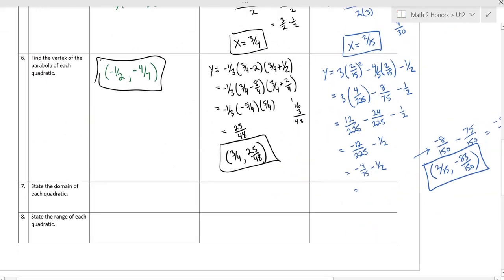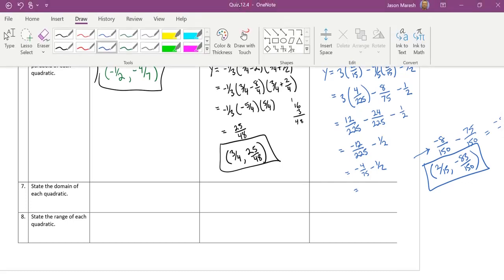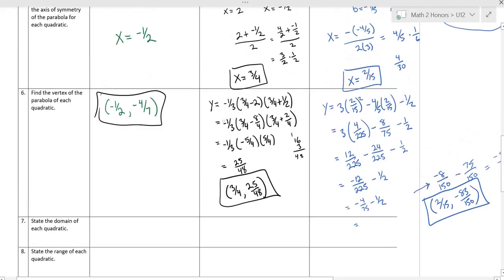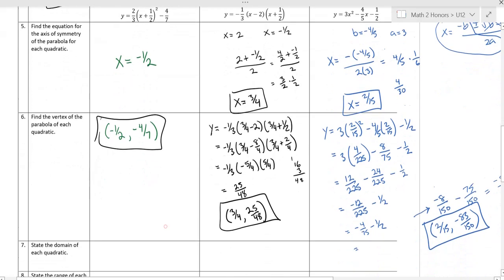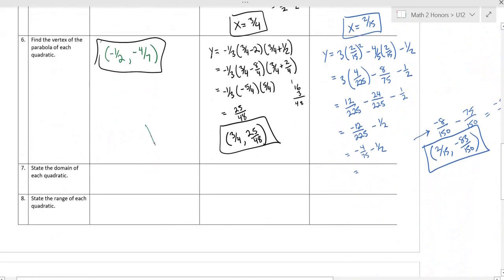State the domain of each quadratic. The first row, it opens up because a is positive, right? So if it's opening up, and the lowest point is negative 4 over 7, so the domain, I was thinking range, domain's all real numbers for all of these.